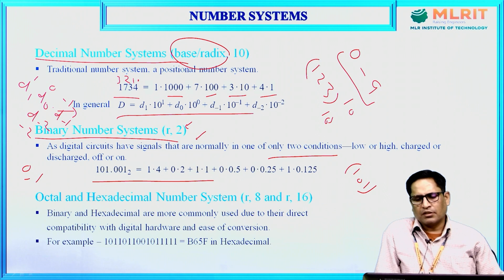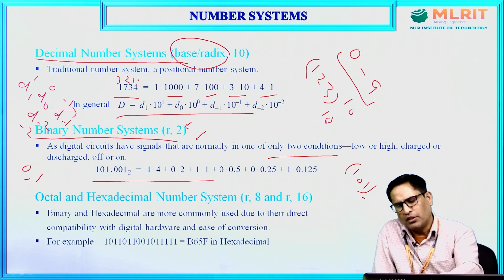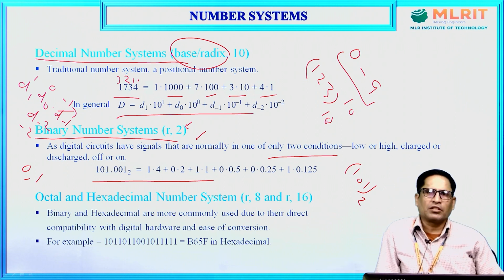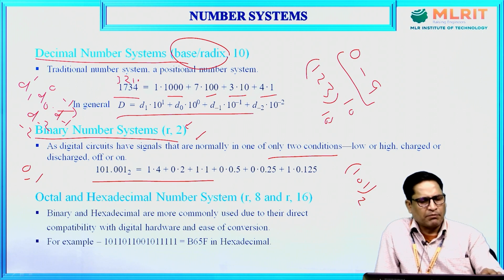Please note that this 101 may be a decimal number also, so if I want to specify that it is written in the binary number system, I have to mention that the base is 2. Then it is evident that this number belongs to the binary number system. Otherwise, by default, if the base is not defined, we take it as a decimal number system.